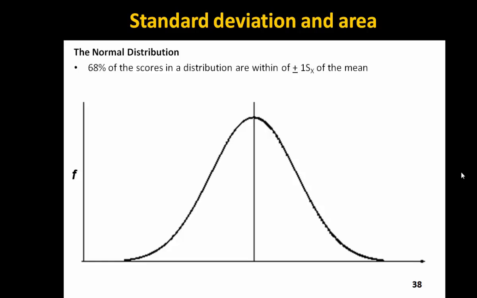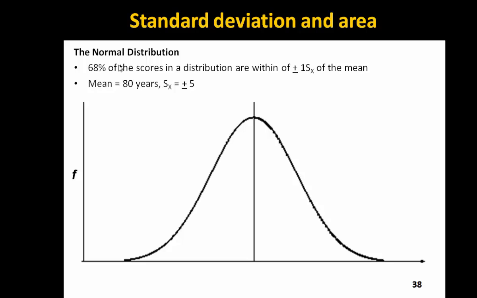The standard deviation, by definition, covers approximately 68% of all the scores in a distribution. So when we talk about the variability of a sample of one standard deviation around the mean, we're talking about that one standard deviation capturing approximately 68% of all scores.